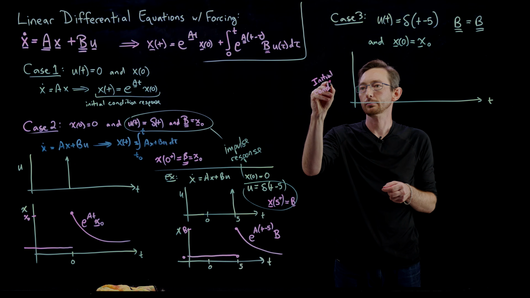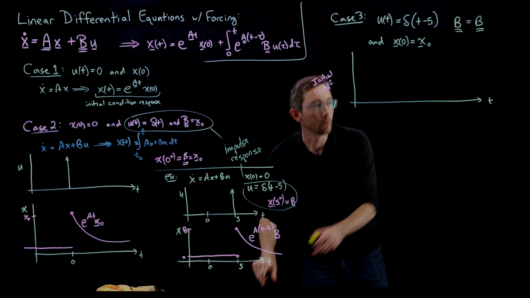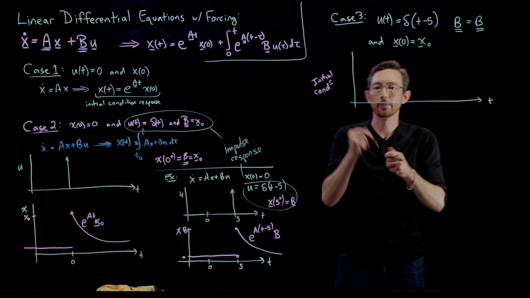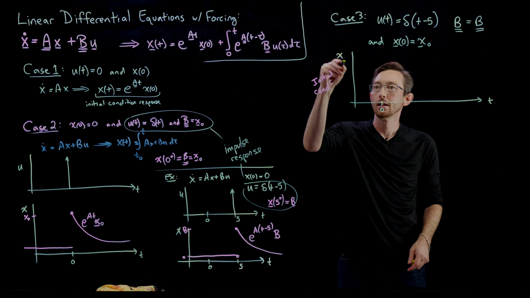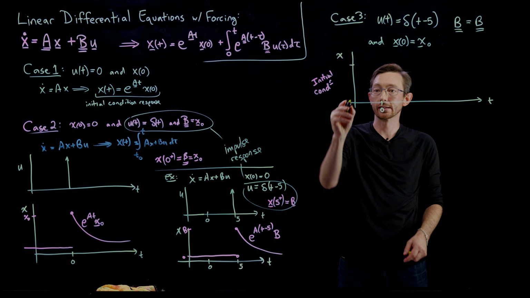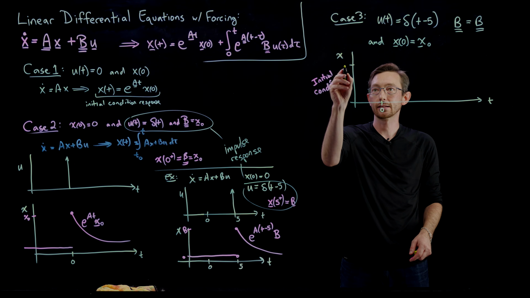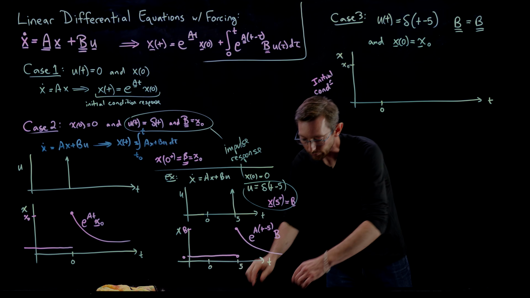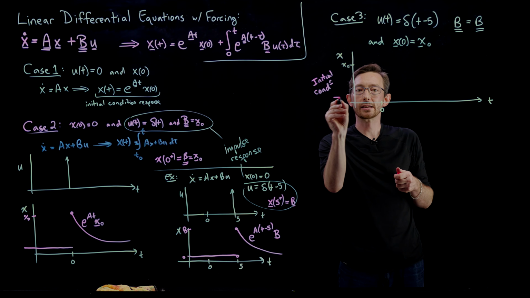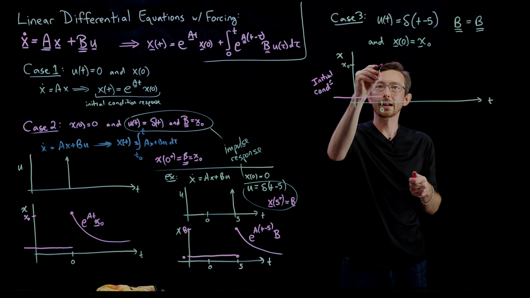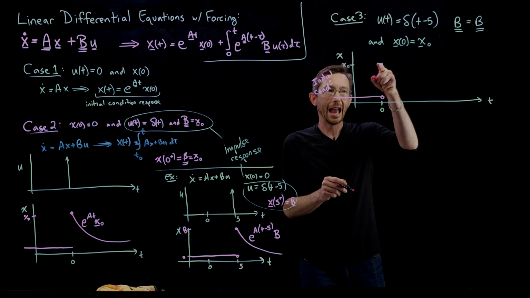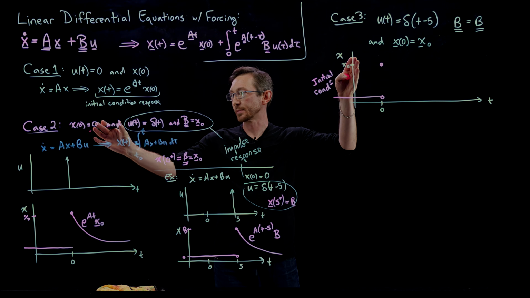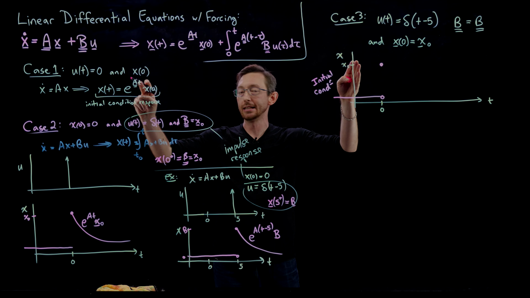At time 0, my system x is going to go from 0 to x naught. This is x naught. And then the initial condition response is just e to the At times x naught.